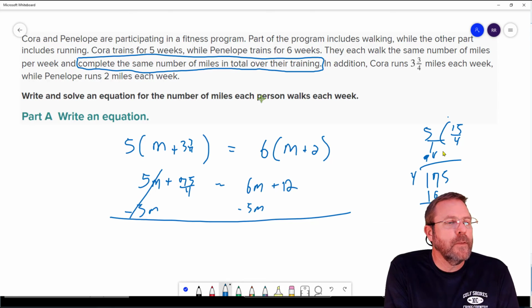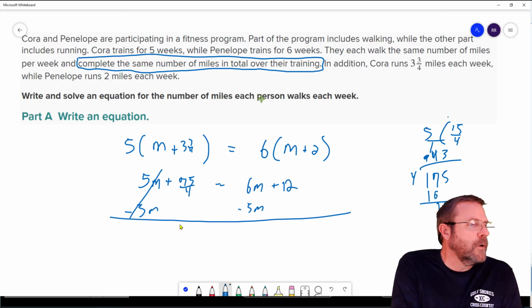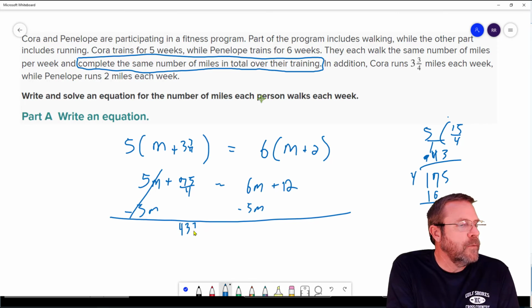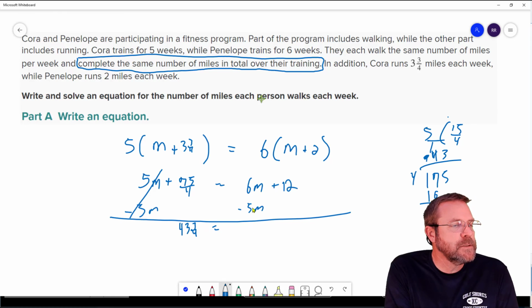It's going to go into that 3 times, which is going to be 12 with 3 left over. So that's going to be 43 and 3/4. So I'll have 43 and 3/4 miles here is equal to, and on this side, 6M minus 5M, that's just going to be M plus 12.